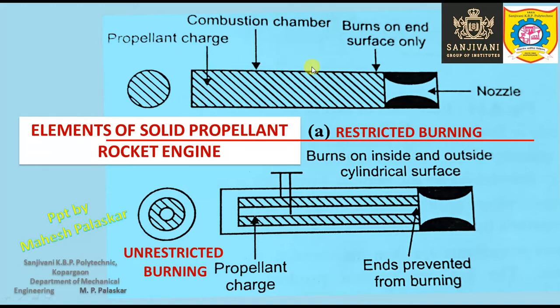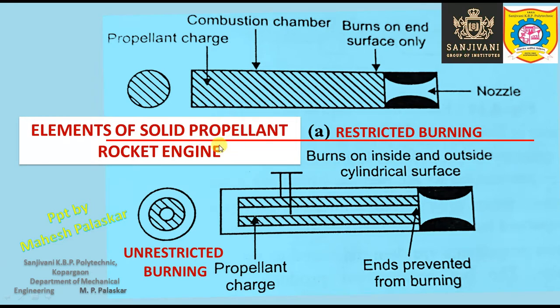So, this is the combustion chamber in which the propellant charge is present. The space of the combustion chamber is completely occupied by the propellant charge, and the propellant charge consists of the mixture of the fuel and the oxidizer in the solid form.